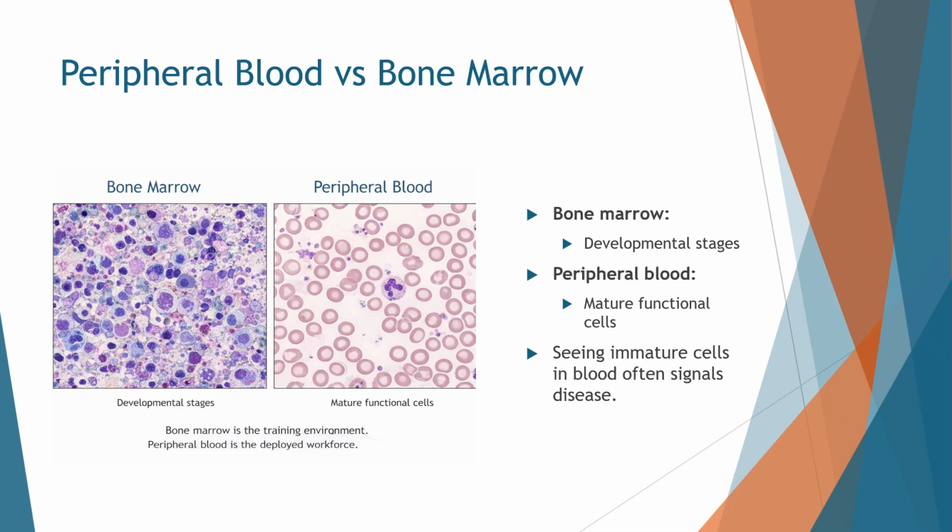The marrow architecture is disrupted, or malignant processes are overriding normal control. As histotechnologists and laboratory professionals, recognizing that mismatch between expected location and developmental stage is a major diagnostic clue. Location matters just as much as morphology.